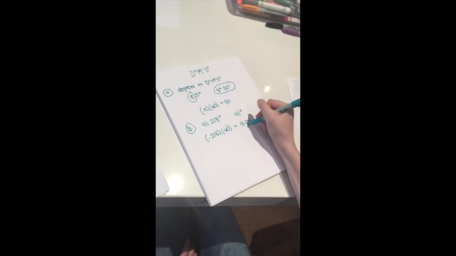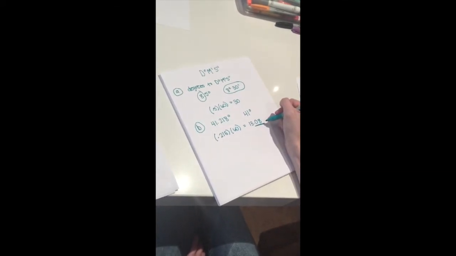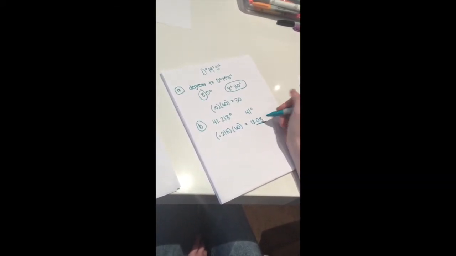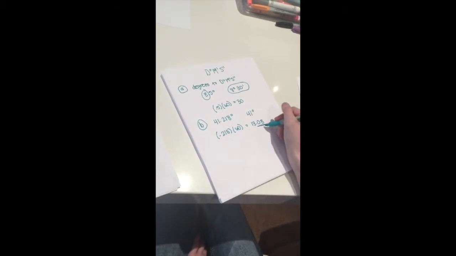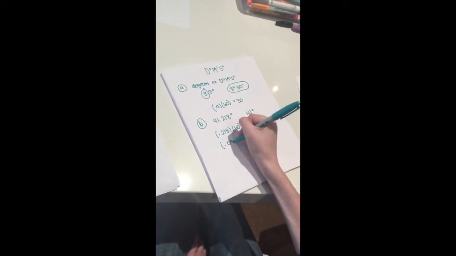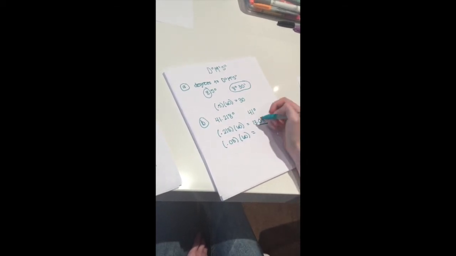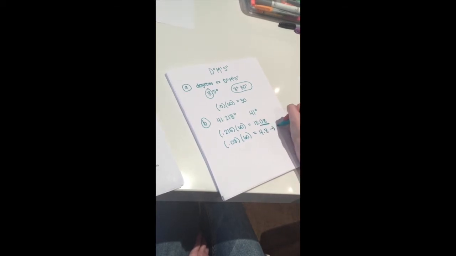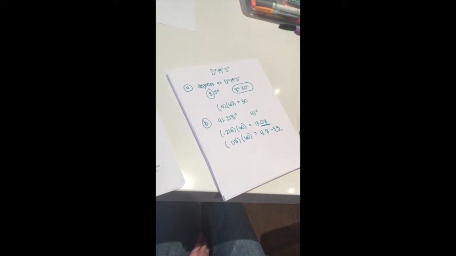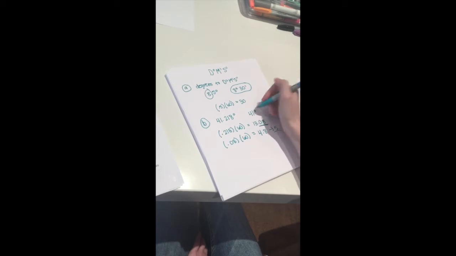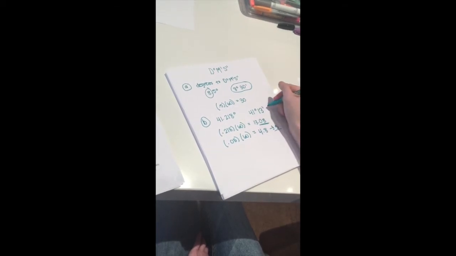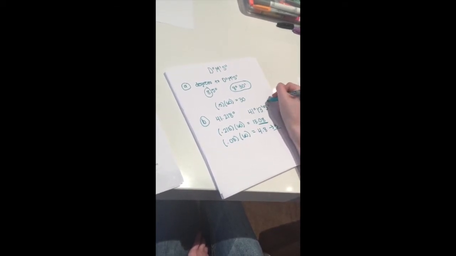However, we don't want the decimal there. So what we do is we do it again. We multiply the 0.08 by 60 to get the seconds. So you get 4.8, which at this point you can round to 5. So your answer is going to be using the 13 that you got here for the minutes and the 5 here that you got for the seconds.